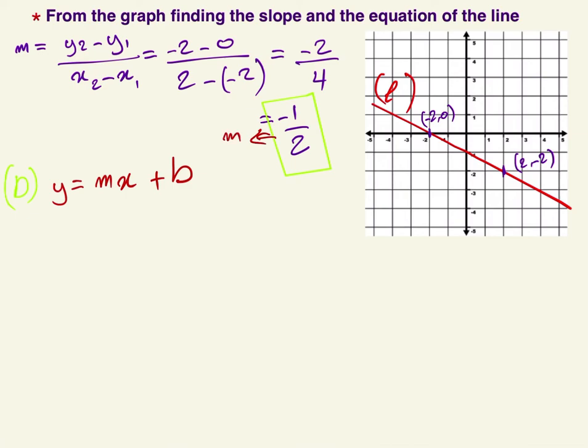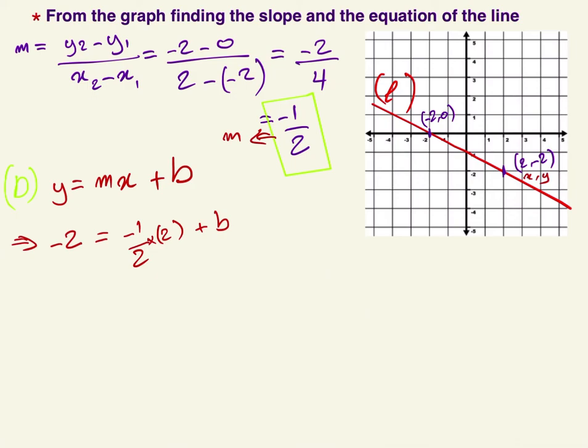Let's use this one here, x and y. Therefore we have y is negative 2, and m is negative 1 over 2, and x is 2, multiplied by 2, plus b.